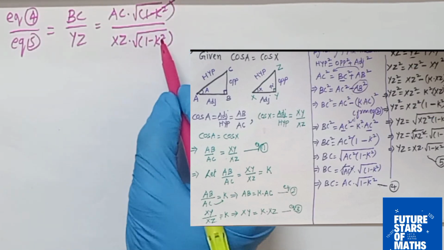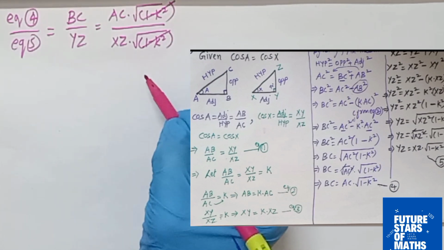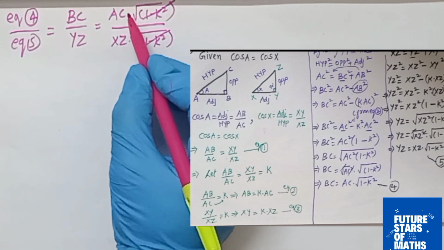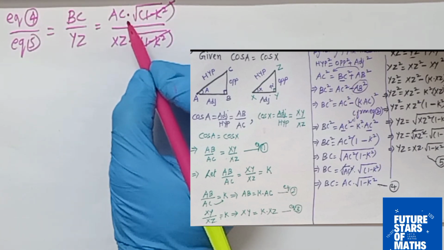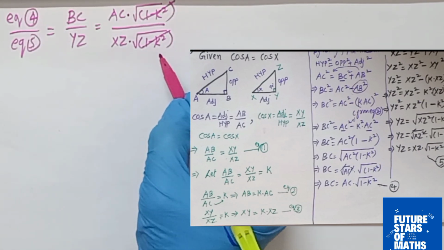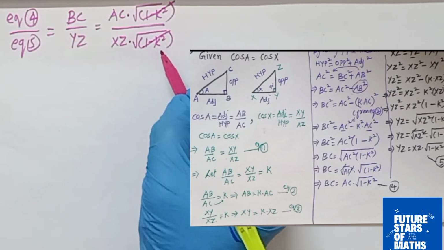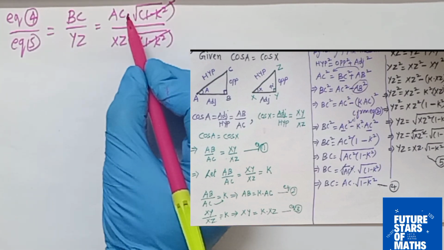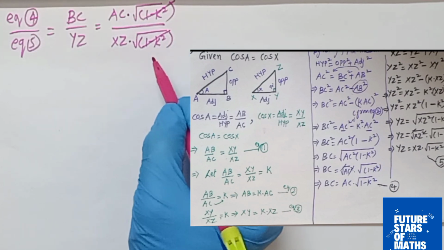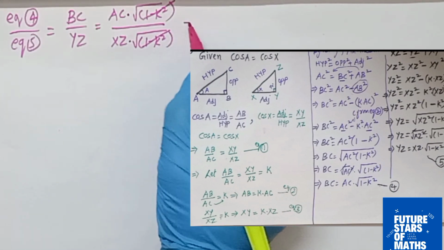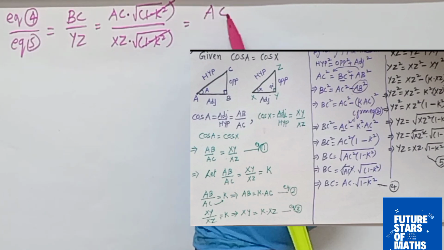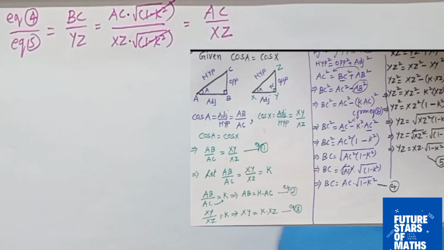Here root 1 minus K square is there, and here also we have the same thing, and in between there is a multiplication sign, so we can cancel this. If there were a plus and the same thing in numerator and denominator, we cannot cancel. Only if there is a multiplication sign can we cancel. Remember this. Then what we are getting is equal to AC by XZ.